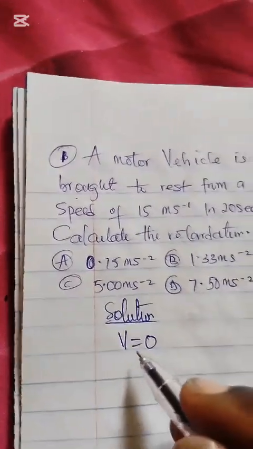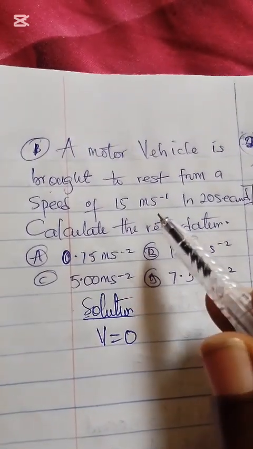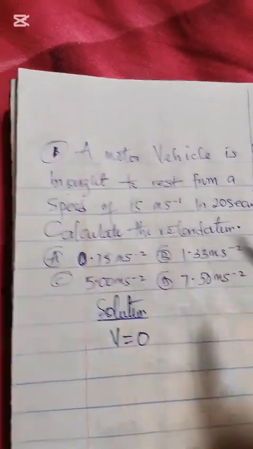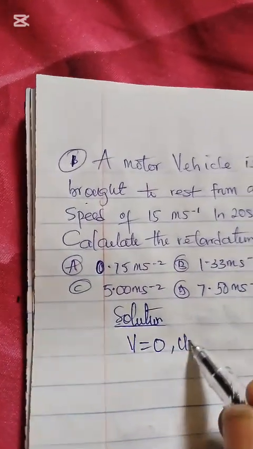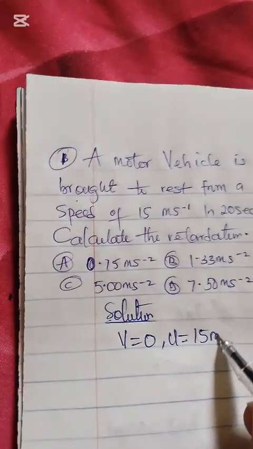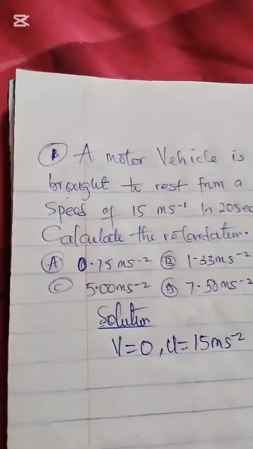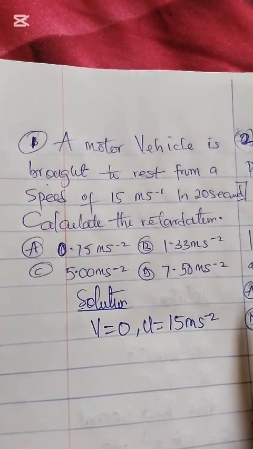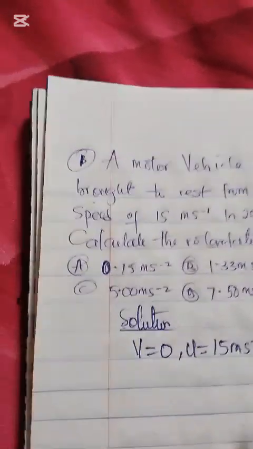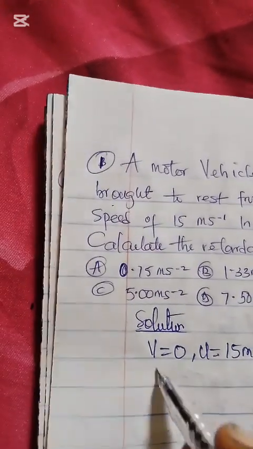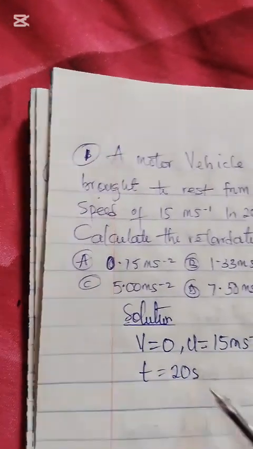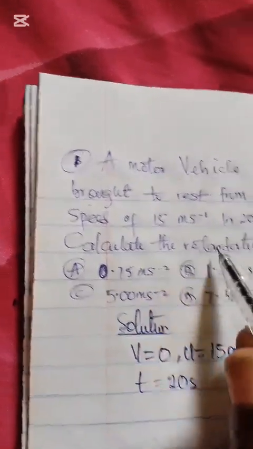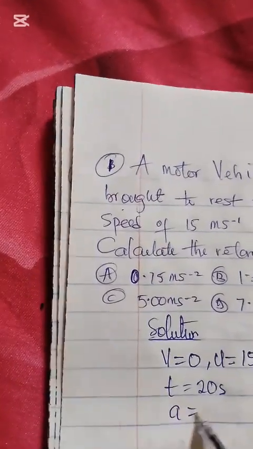I've explained that already. It's brought to rest from a speed of, so the initial velocity now is 15 meters per second. The time is 20 seconds. We are now asked to calculate the retardation, which is a.